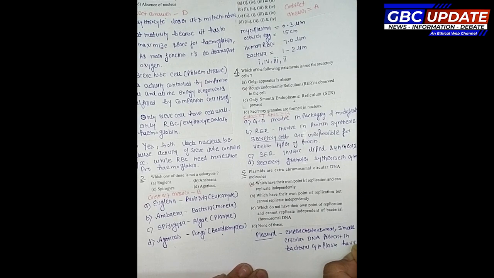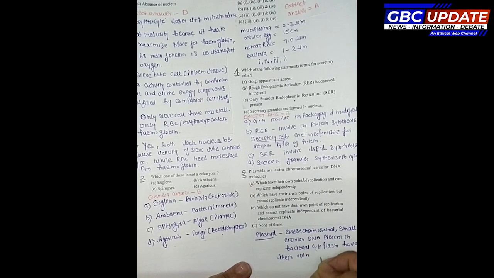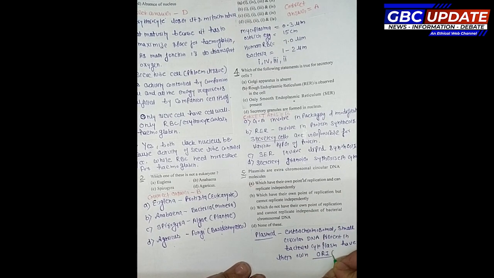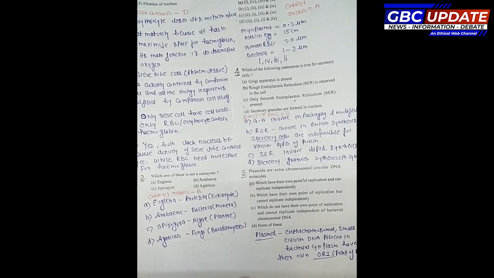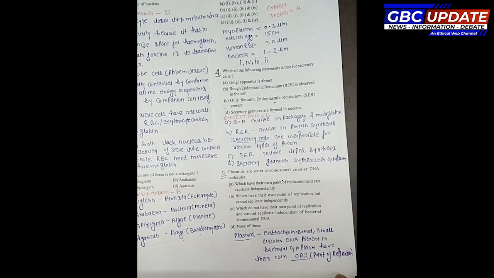They have their own ori. Beta, ori is the origin of replication. So this is the point of replication from where they will start their replication. So they have their own point of replication and they can replicate independently.